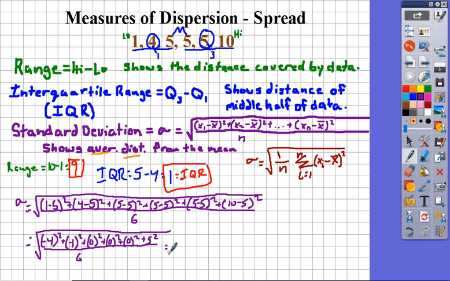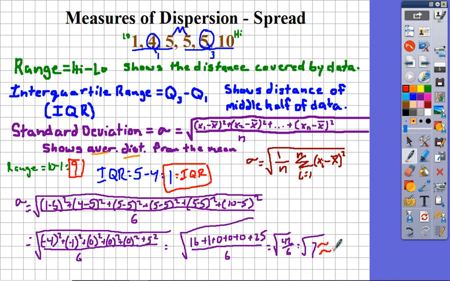Negative 4 squared is 16, negative 1 squared is 1, 0 squared is 0, 0, 0, and 5 squared is 25, all divided by 6. So we add all that up, and we end up with the square root of 42 over 6, which equals the square root of 7.